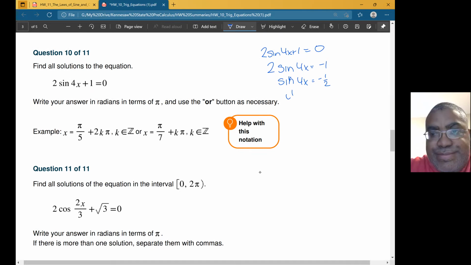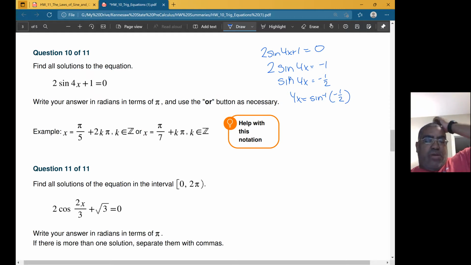So 4x is equal to the arcsine of -1/2. Now, because we are finding all solutions, we don't have to necessarily stay within the domain and range of our inverse functions, because it's going to include those anyway.